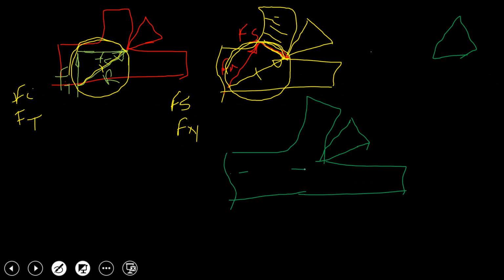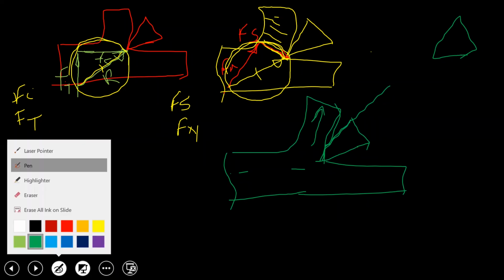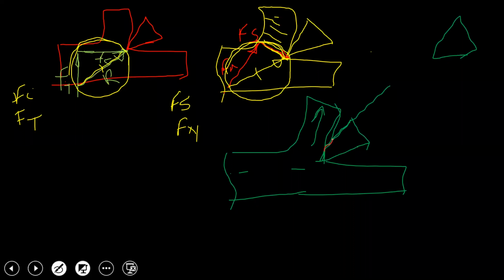So now what happens when this chip moves in this direction along the rake face of the cutting tool, somewhere here there will be a friction between chip and the rake face. So chip is moving in this direction, so opposite to that there will be a frictional force acting along the rake face of the tool.